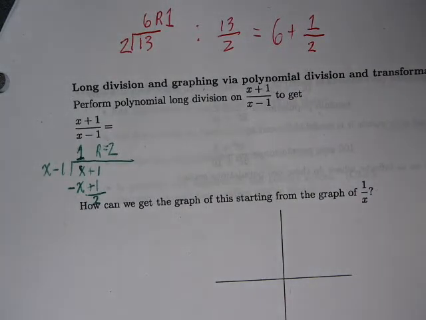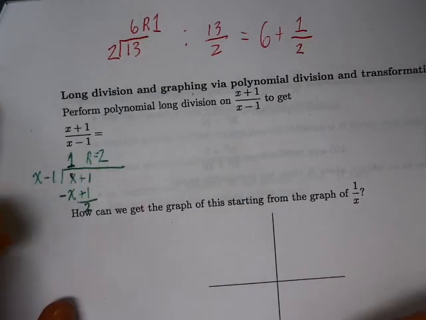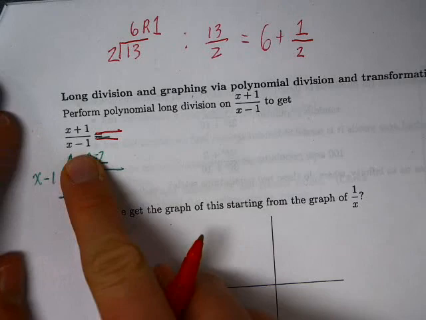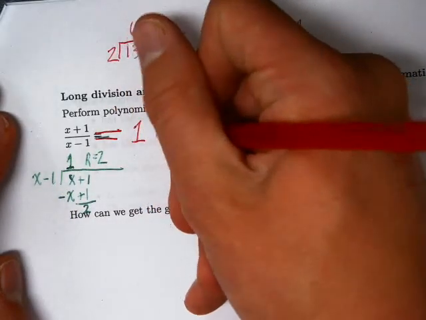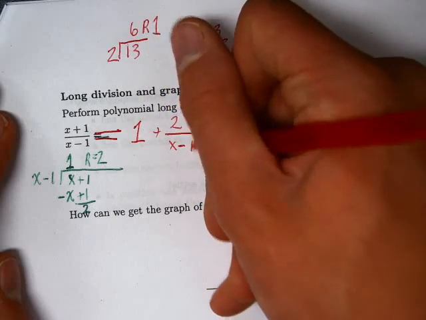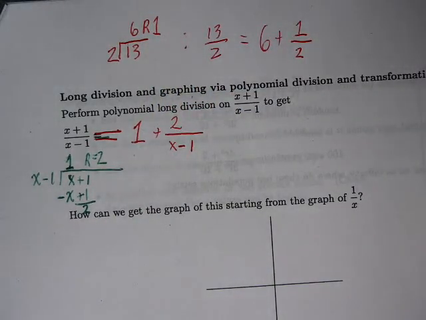And the same thing is true in polynomial division. The fact that you got 1 with a remainder of 2 means that, well, I'll give myself more space, x plus 1 divided by x minus 1 is 1 with a remainder of 2 over x minus 1. People feel okay?